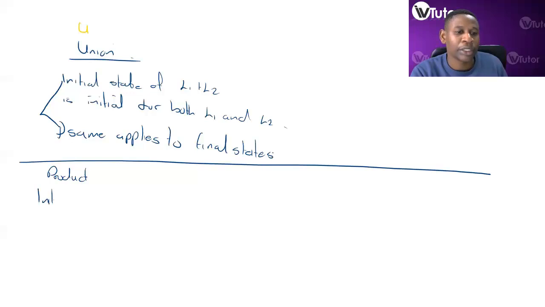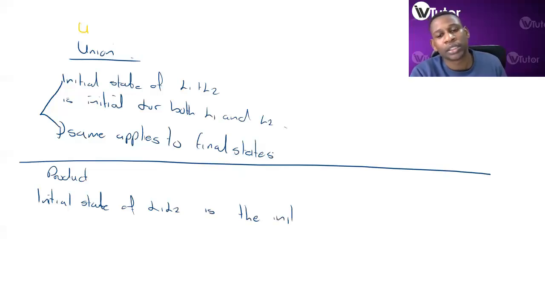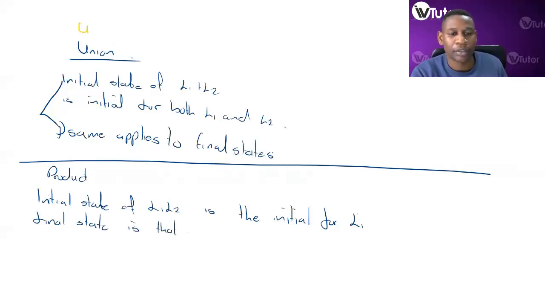Then if we're dealing with product, we said the initial state of L1 L2 is the initial state for L1. Then the final state is that of L2.